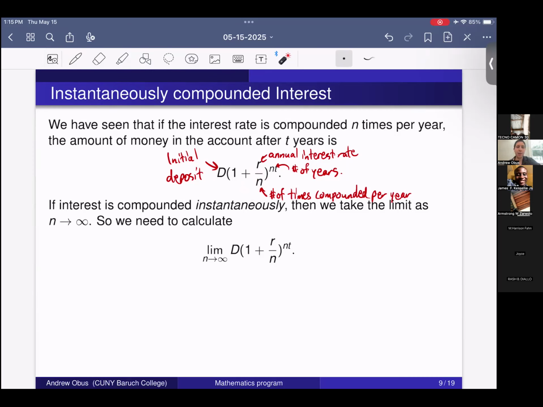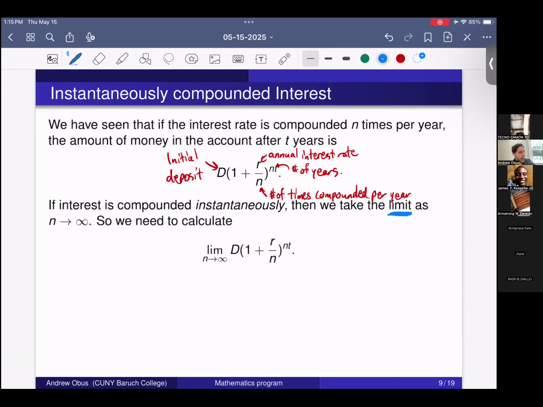What does that even mean? How can you do something infinity times per year? Well, calculus tells us how to do this. So when banks do instantaneously, what they actually do is you take the limit of this quantity as n goes to infinity, right? That's what a limit tells you. If you go infinitely many times per year, that's taking the limit of this formula as n goes to infinity.